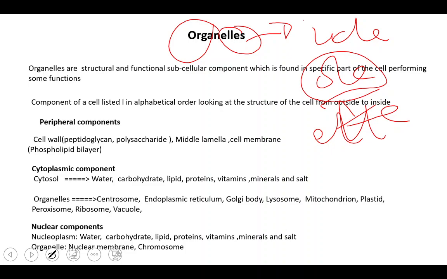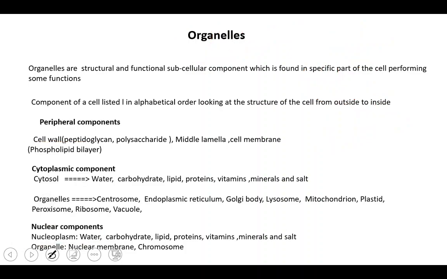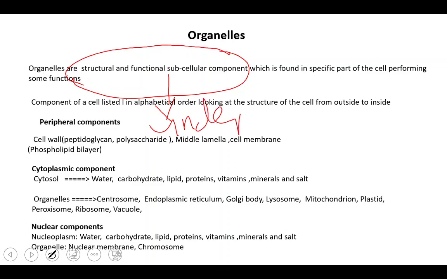Now, what is an organelle? Organelles are structural and functional subcellular components. That is the first phrase. What is the meaning of sub? Sub means under. That is, they are components under the cell, and they are the ones that enable it to function and to have structure.